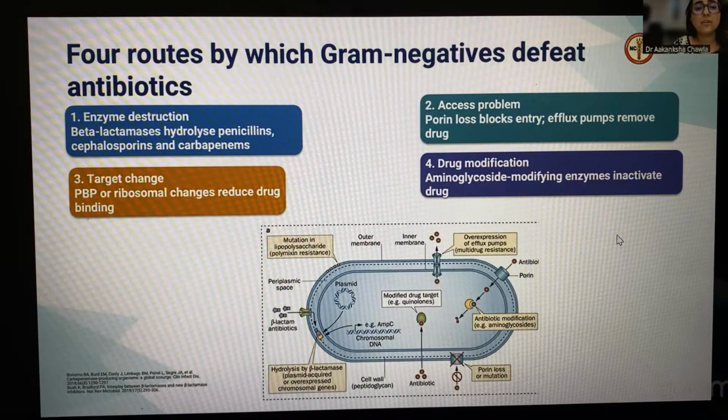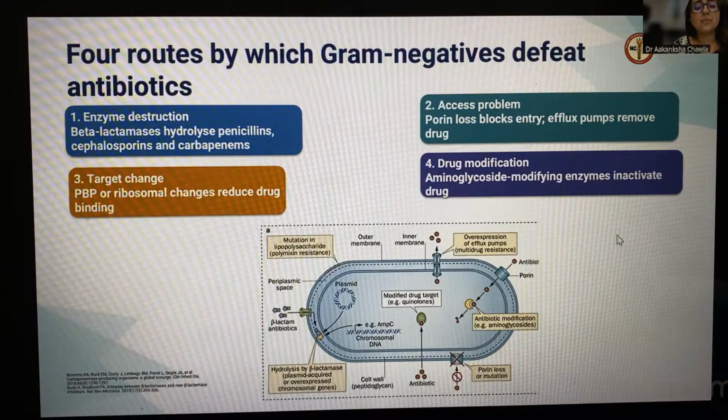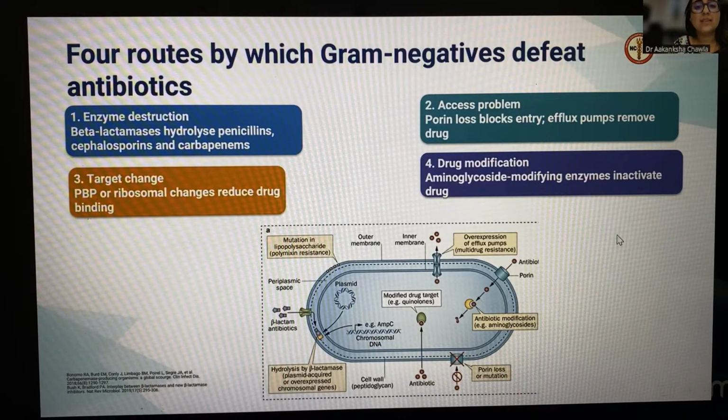Access problem: loss of pore channel will prevent your drug from entering. Efflux pumps will push your drug out. Target change: the PBPs and ribosomal changes will reduce drug binding. And then drug modification, that is aminoglycoside modifying enzymes, which will totally inactivate the drug. So these mechanisms need to be kept in mind.